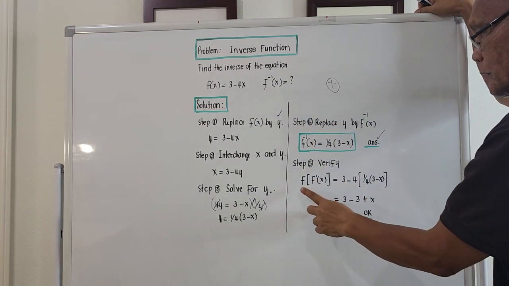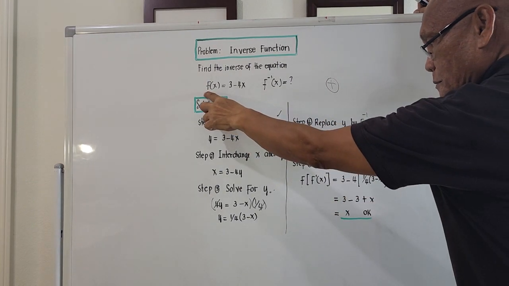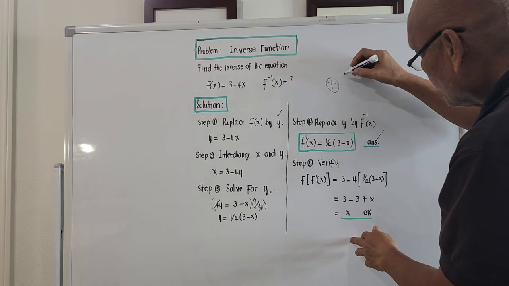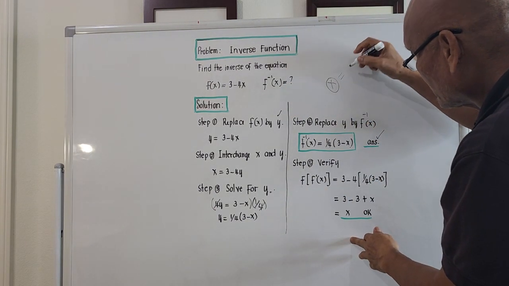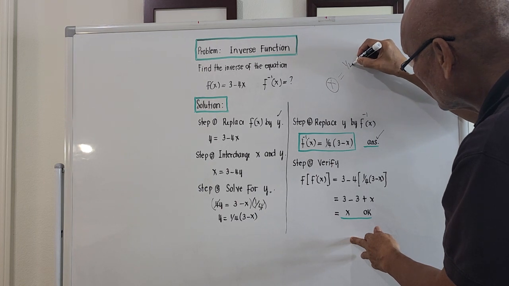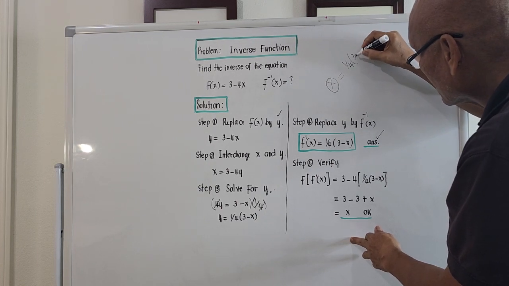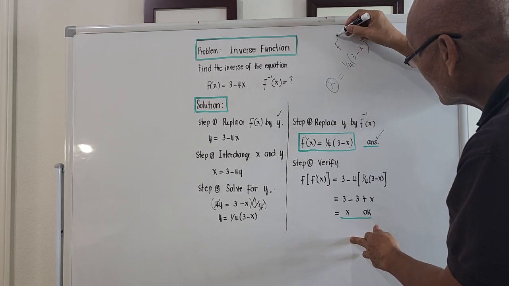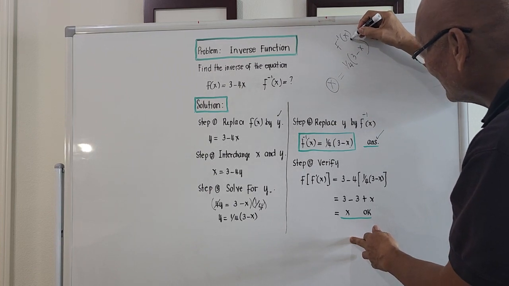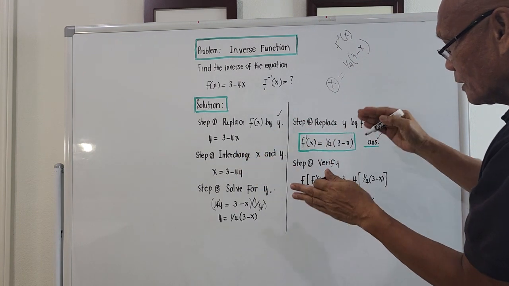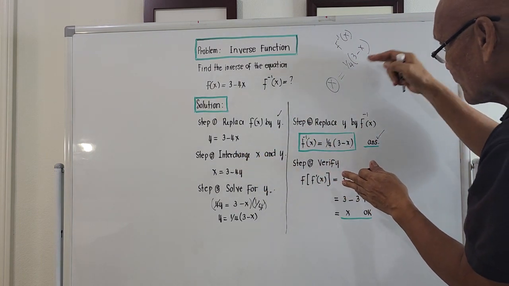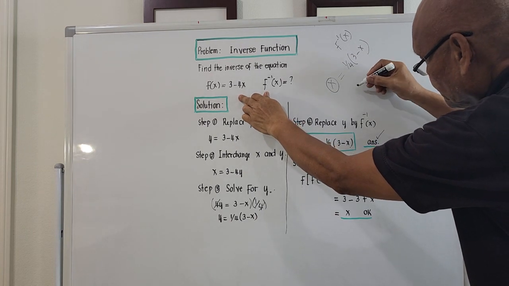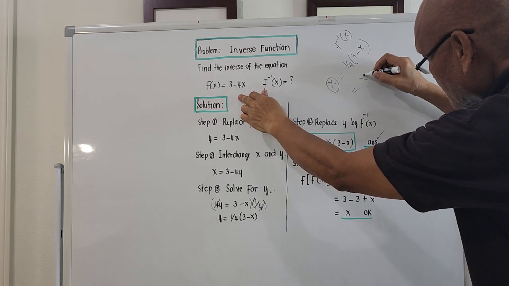So we replace x by the value 1/4 times the quantity 3 minus x, because this value is actually f to the negative 1 of x.